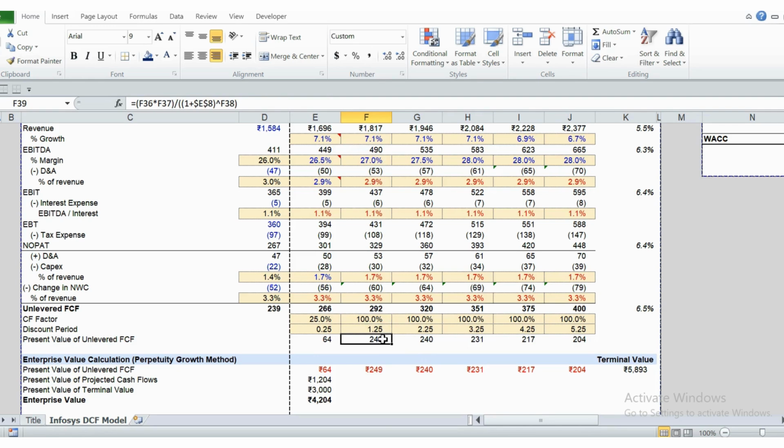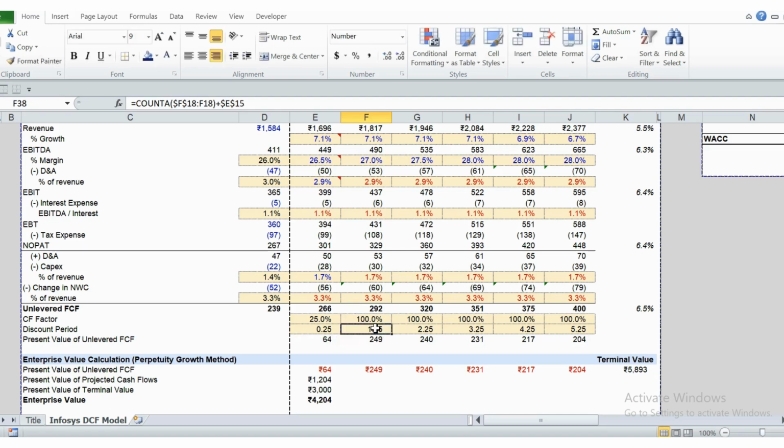Did you get it? Here in the denominator I have 1 plus WACC raised to the power of the year. So year here becomes 1.25, because to get the cash flow of 2025, I now have 25% of the 2024 year and the full year of 2025.